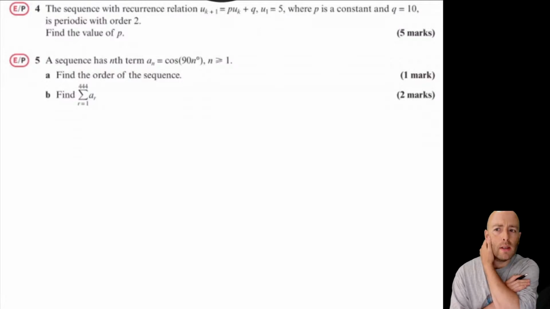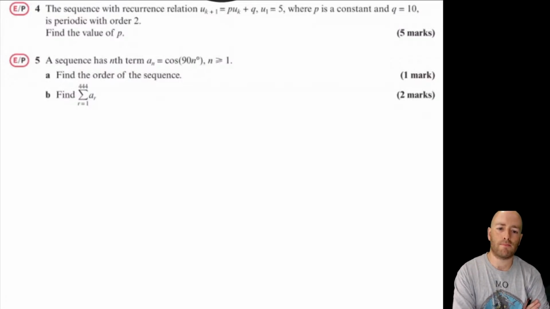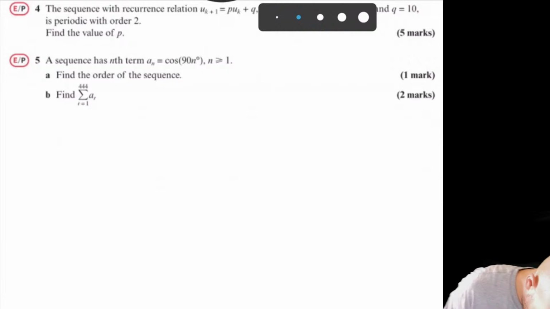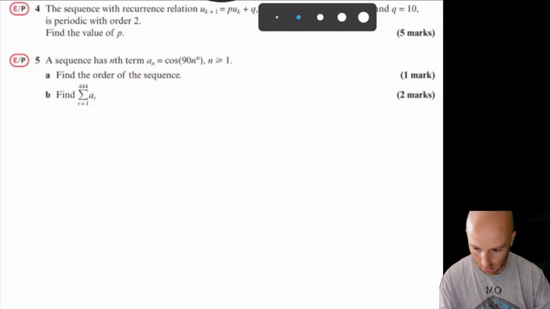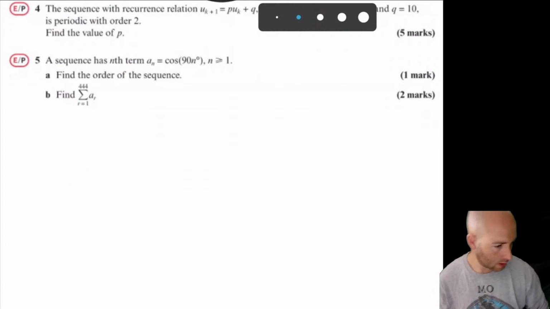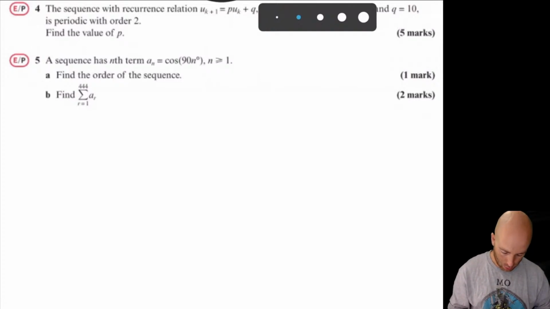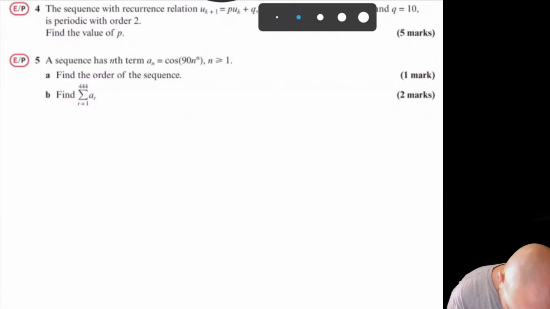So the nth term is cos of 90 times something. Find the order of the sequence. Okay, so if I find the first term, cos of 90, use calculator for this. Let's make sure you're in degrees. Cos of 90 gives me 0, so the first term is 0.